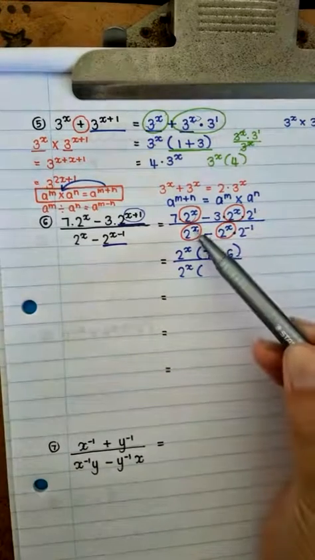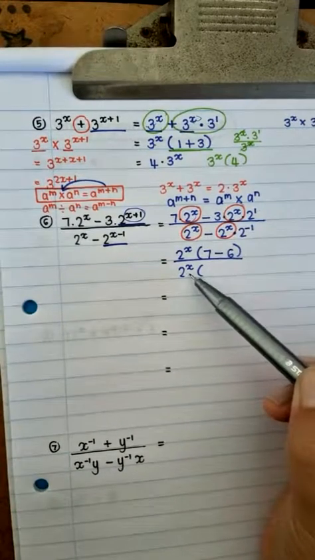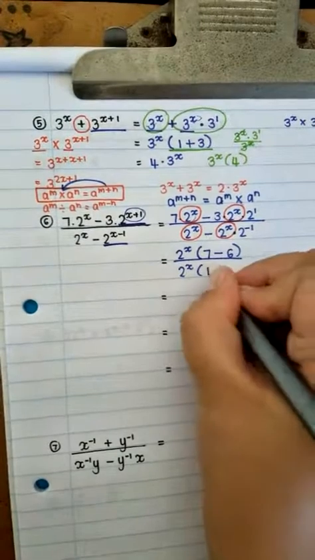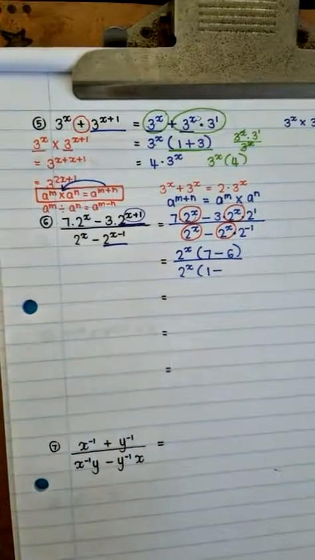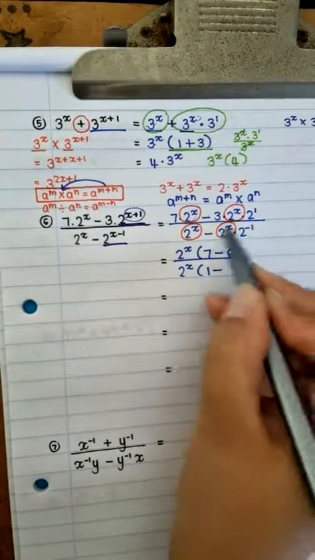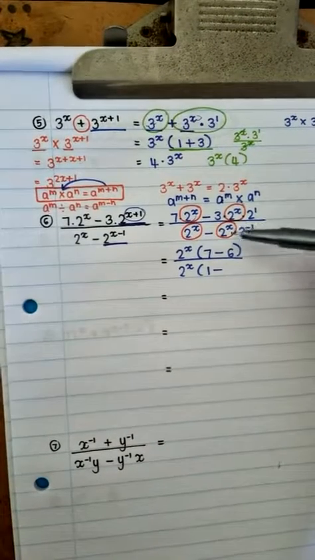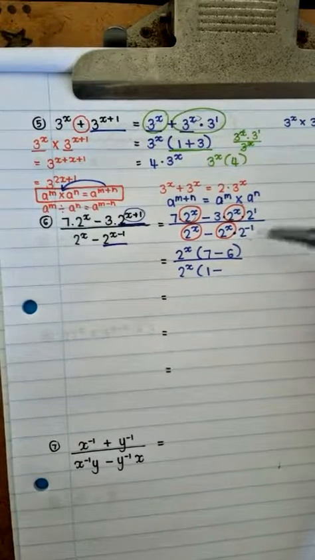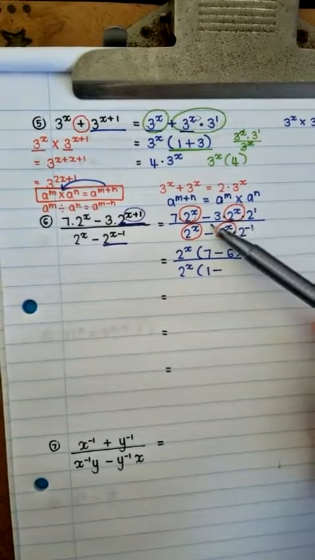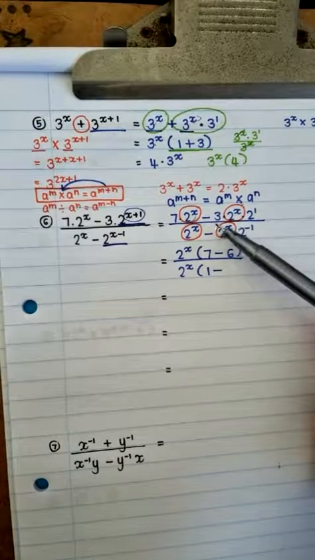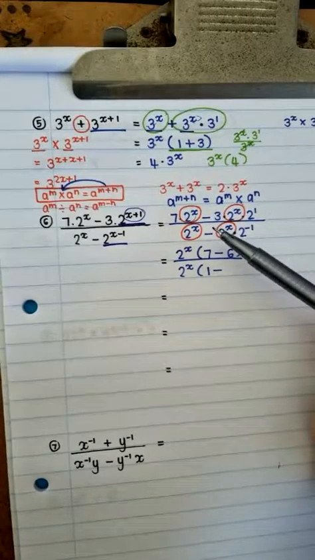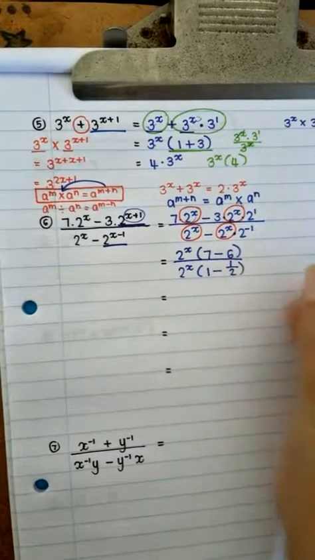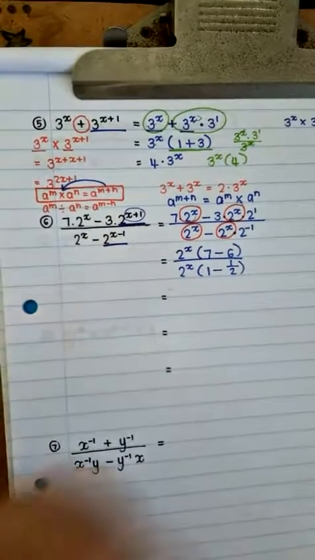So 2 to the x divided by 2 to the x, the term divided by the common factor, is 1, minus, now if we're looking at the second term, this is a product that consists of 2 parts. So if I take the second term and I divide by 2 to the x, I'm left with 2 to the -1. Now guys, 2 to the negative 1 is a half. Okay, I'll write it on the side here.